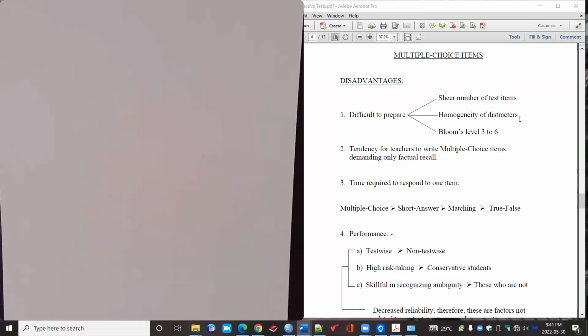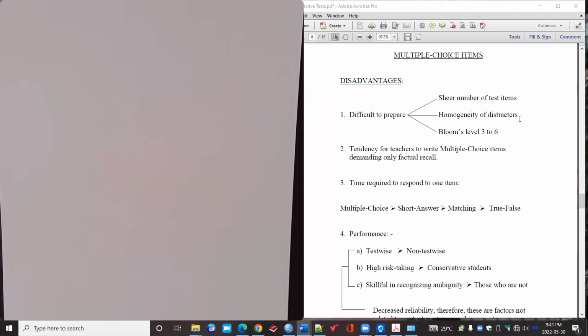This is the reason why most multiple choice items test rote memorization or recognition, say at level 1 of Bloom's taxonomy, because it is a lot easier to find homogeneous distractors at the knowledge level.